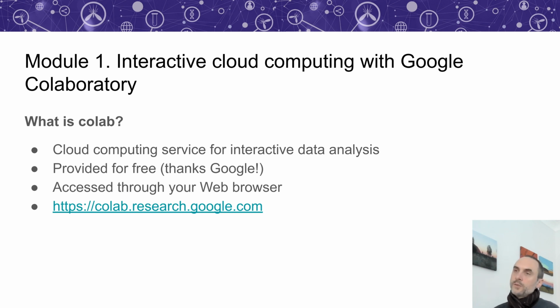And it's also a very useful tool because you can access it through your web browser. So you don't need to install any software on your own computer. And because it's in the cloud as well, you don't need to download any data. You can just go to Colab and start analyzing data.